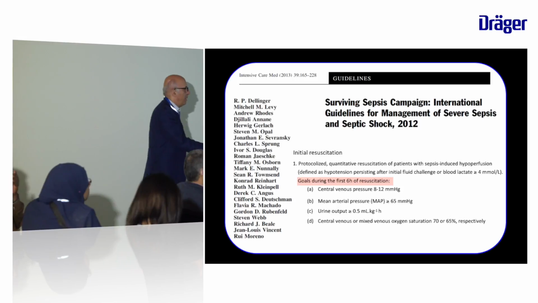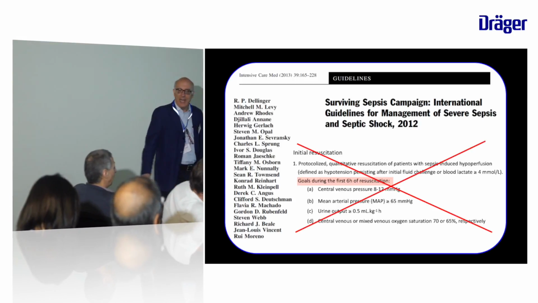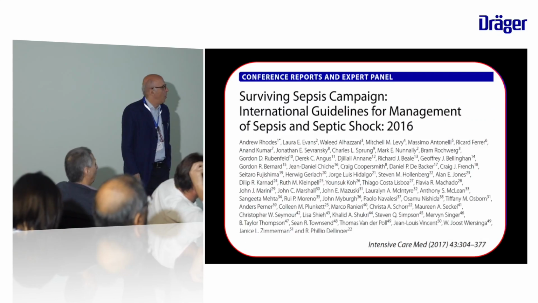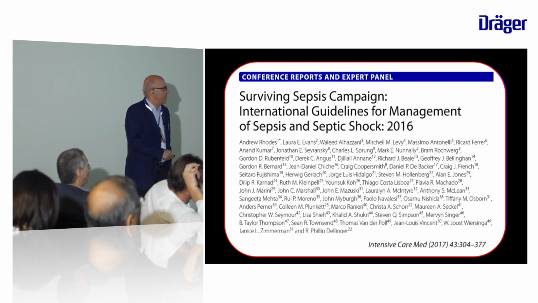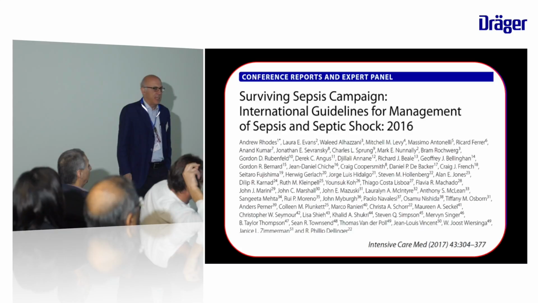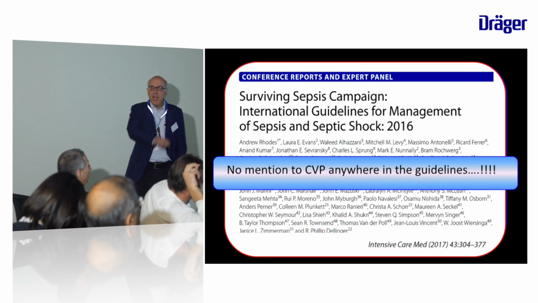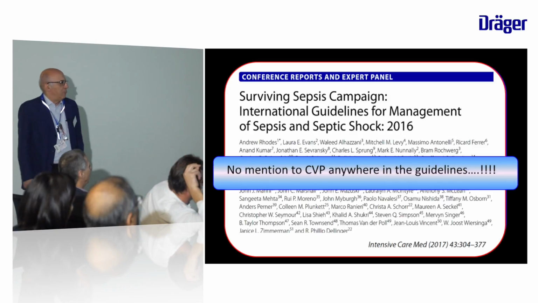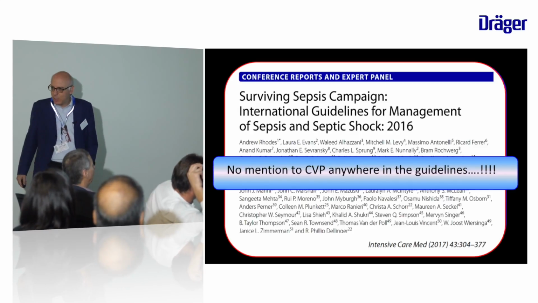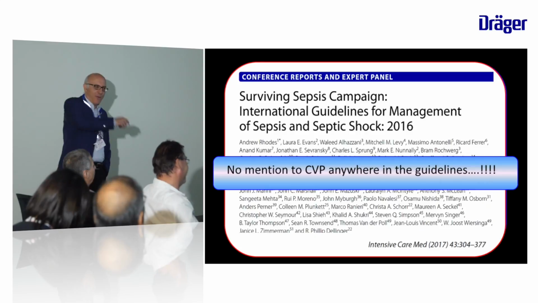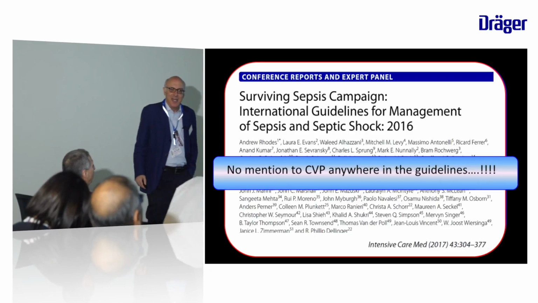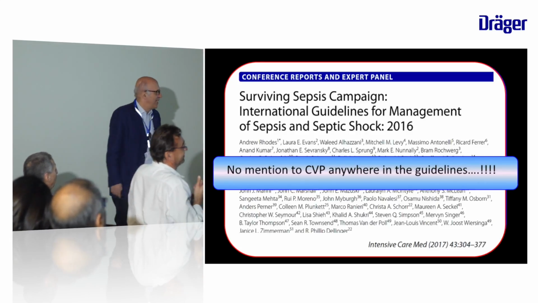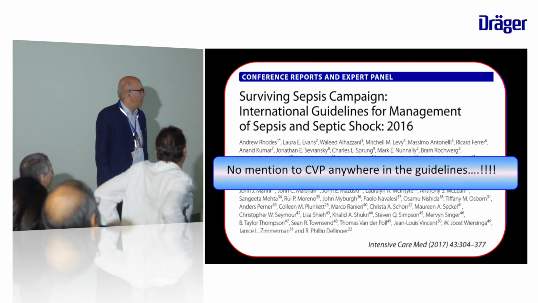Now, this is no more valid. And in fact, you know that in the new Surviving Sepsis campaign in 2016, published in 2017, there is even no mention anymore about CVP. I think this is even too much, because we go from one side to another. But it's curious that now it is not even mentioned anymore.